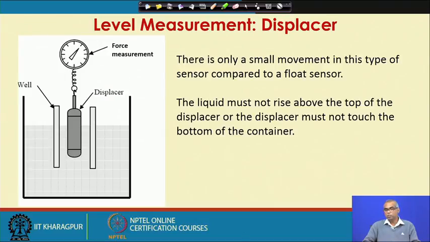Note that there is only a small movement in this type of sensor compared to float sensor. The liquid must not rise above the top of the displacer, or the displacer must not touch the bottom of the container. So, the displacer will always be partially submerged.